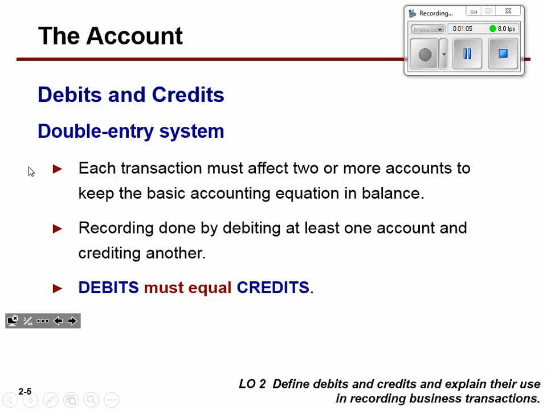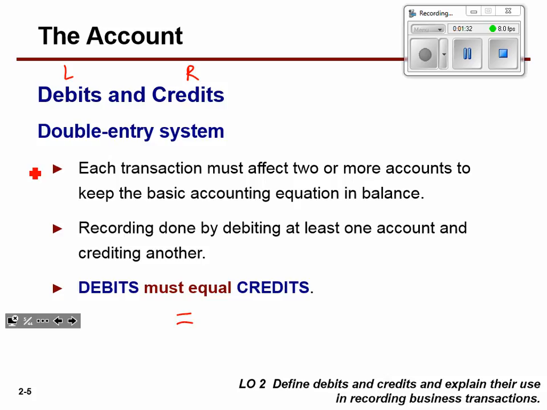So a little bit more about debits and credits. We know that debits mean left and credit means right. But what you need to know is that there always needs to be at least one debit and at least one credit. Sometimes there's more, but no matter what, your debits always have to equal your credits.